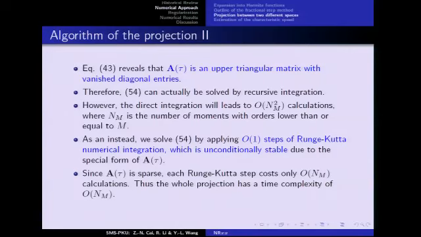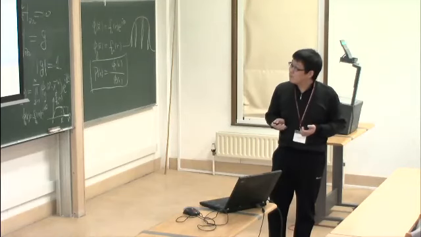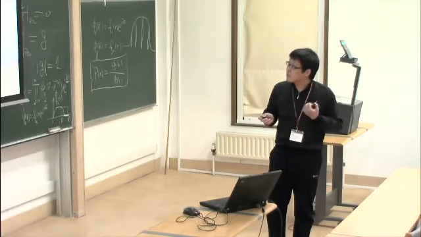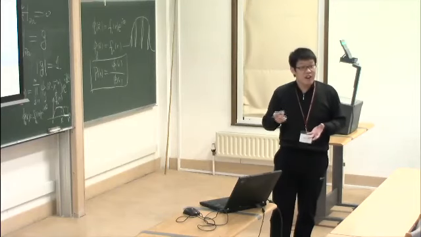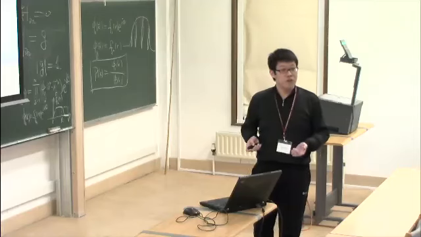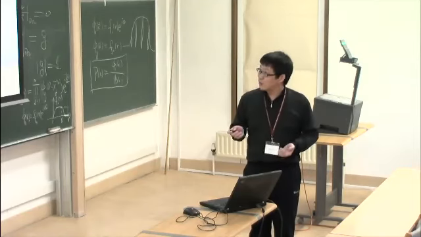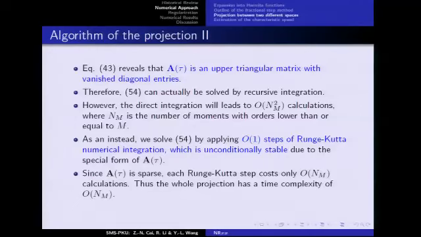So in fact, this system is a set of ordinary differential equations, and the solution can be obtained by recursive integration, but the direct integration will lead to a number of operations on this scaling, and in fact we solve it by using an open-step longitudinal numerical integration.